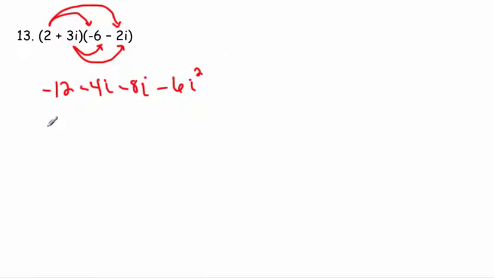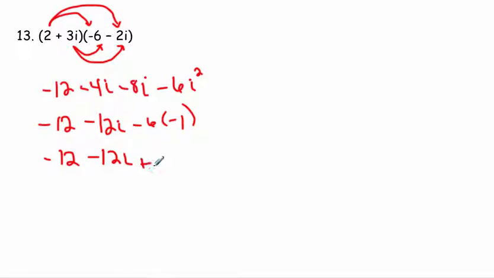So simplifying what I can, negative 4 minus 8 is going to get me negative 12i. And then this is going to get me negative 6 times negative 1, so that's plus 6. So these two real parts can go together, negative 12 plus 6, and I'll get negative 6 minus 12i.